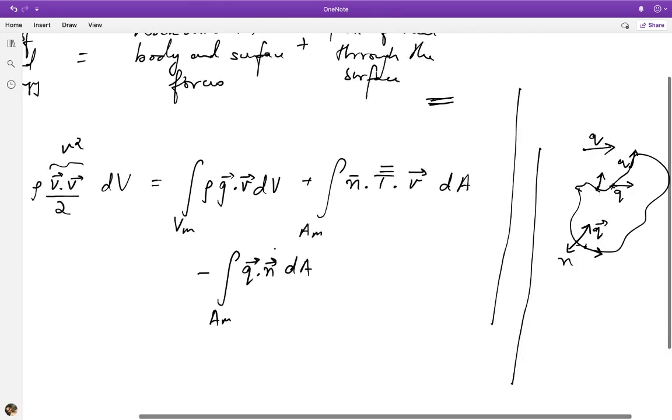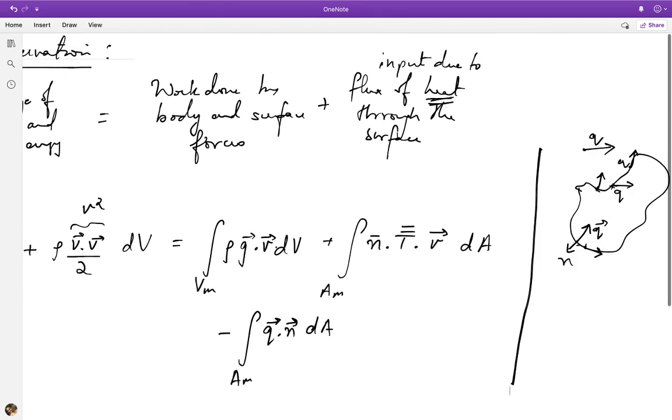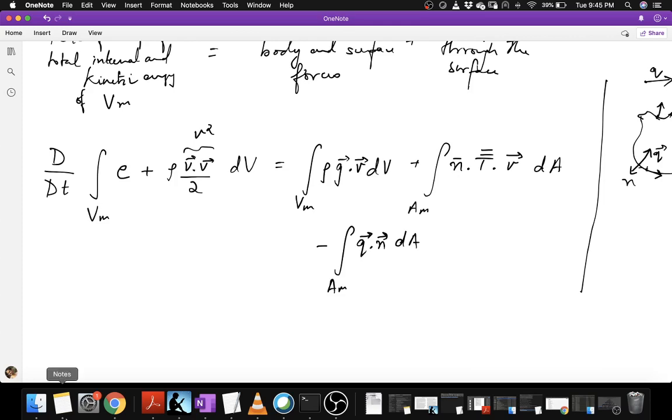Alright, so moving on, let us now apply Reynolds Transport theorem to the left hand side in order to take the material derivative into the integral.